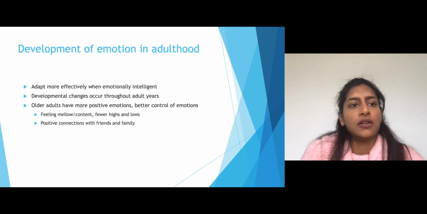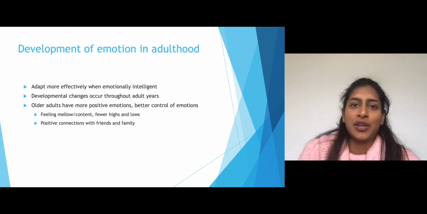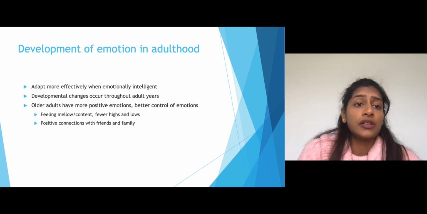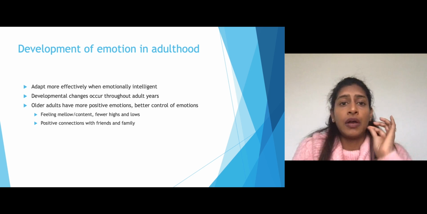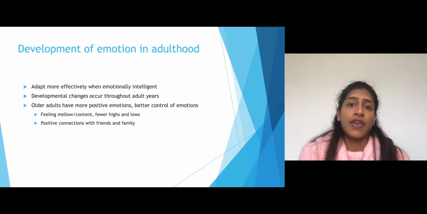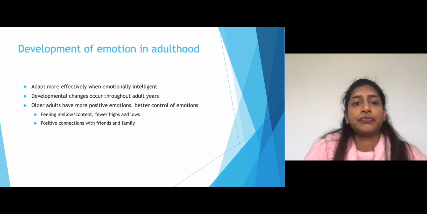What about our adults? What does that emotion look like as we move into adulthood? Well, our adults are actually much better able to adapt, particularly when they have that high emotional intelligence. This is something that we can teach. It's something that we can help cultivate. And we can do this from the time that a person is an infant or a child.